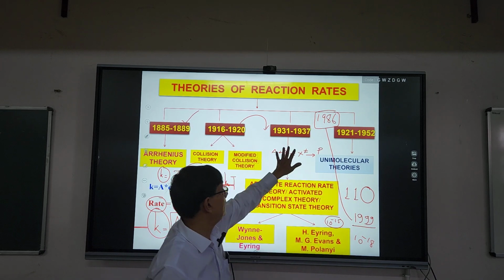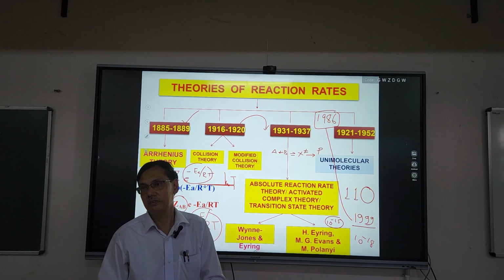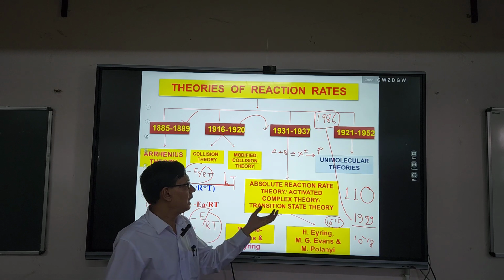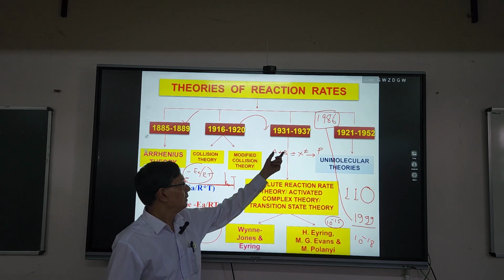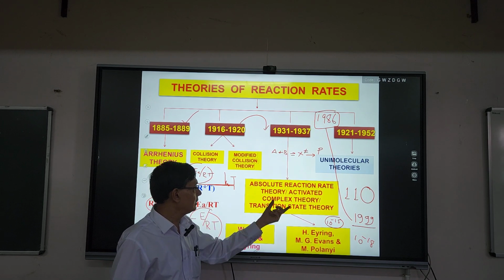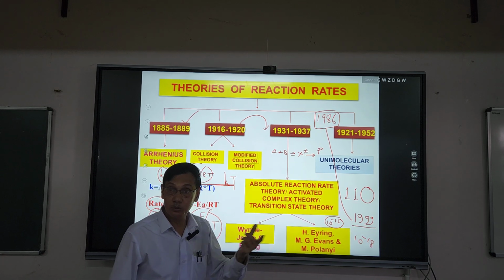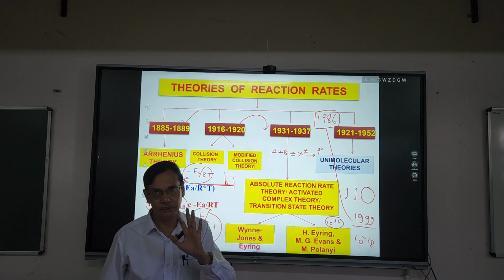So 3 great scientists, I will show their photographs. Henry Eyring, Polanyi, Wigner, Wynne-Jones, they actually derived this absolute reaction rate theory. My dear students, their nomenclature may be different.